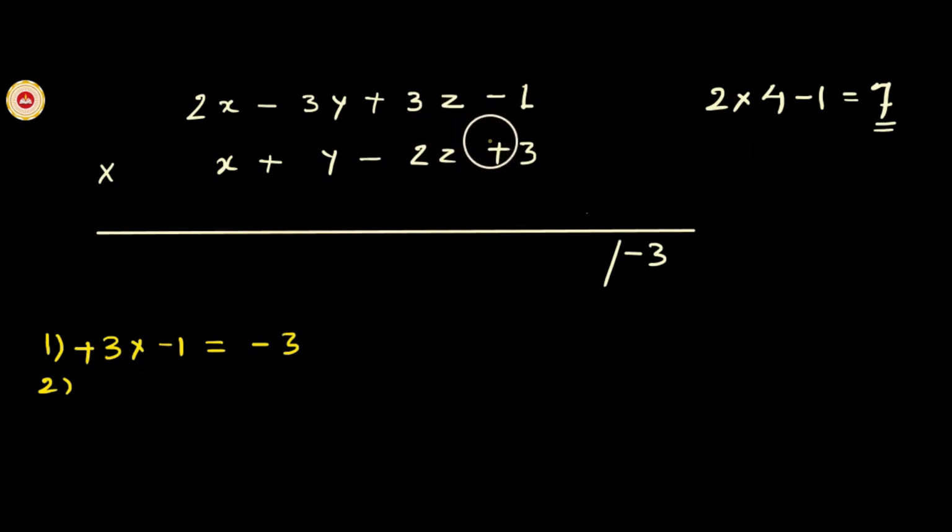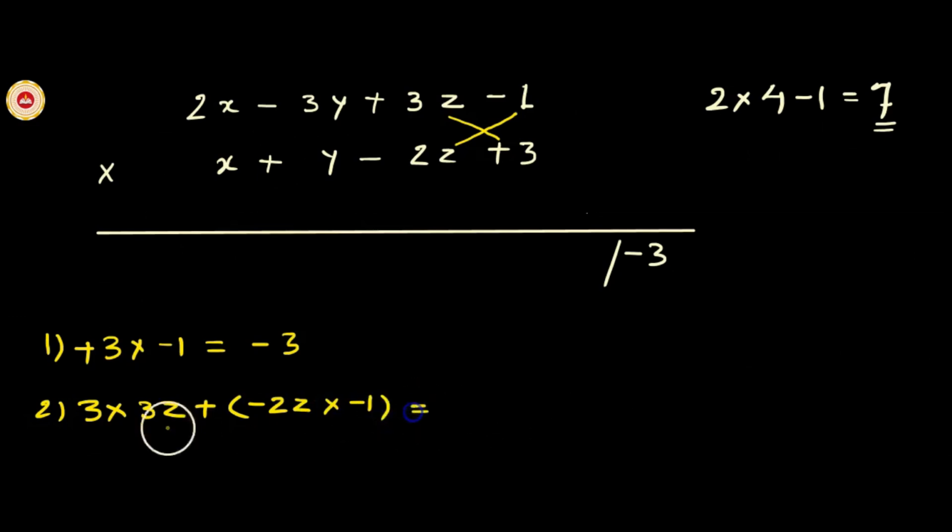Now there are 2 columns, so multiply the terms in these 2 columns crosswise. 3 multiplied by 3z plus minus 2z multiplied by minus 1, which is equal to 3 threes are 9, 9z plus minus 2z multiplied by minus 1, minus minus is plus, so plus 2z, right, which is equal to 9z plus 2z, 11z.